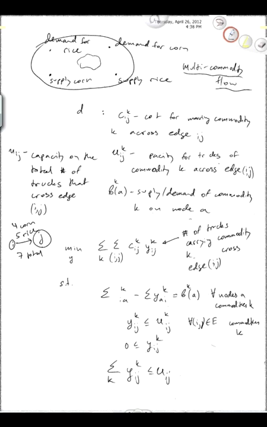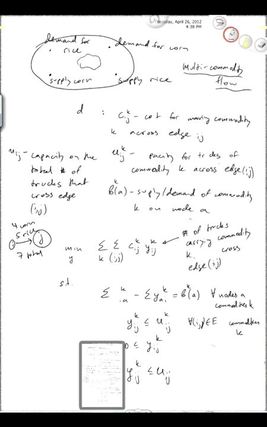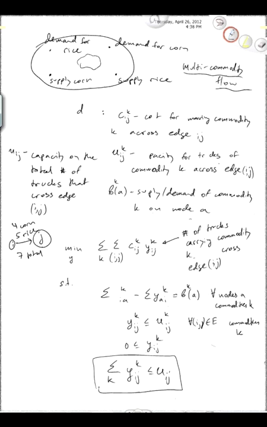And so the only kind of basic difference is that for the stochastic one, here I said that these two are totally separate network flow problems. But in the multi-commodity flow, you saw that we had this one constraint here that kind of mixes the different things. So this is a constraint that mixes one commodity with another.